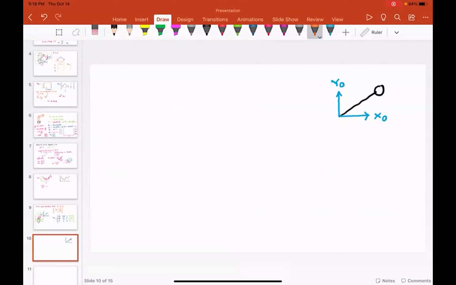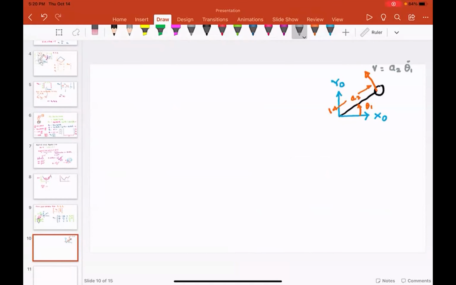Now I want you to understand the velocity is in this direction, and this velocity is nothing but this distance, which is a2, multiplied by theta 1 dot. This angle is theta 1. So the velocity is given as a2 theta 1 dot.